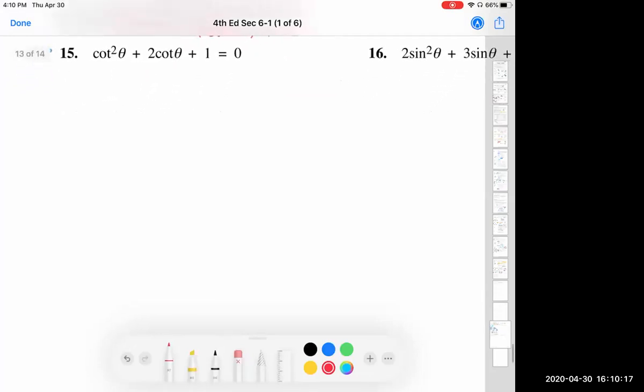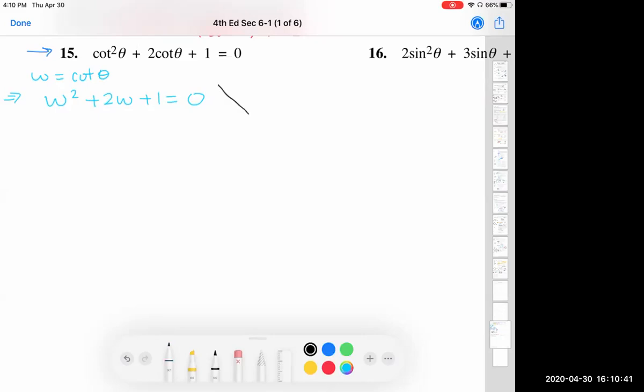This looks unfamiliar, mainly all those cotangents look weird, so let's change cotangent to a w. So w is equal to cotangent theta. Let's replace it so that we have w squared plus 2w plus 1 is equal to 0. All right, that's something I can work with.